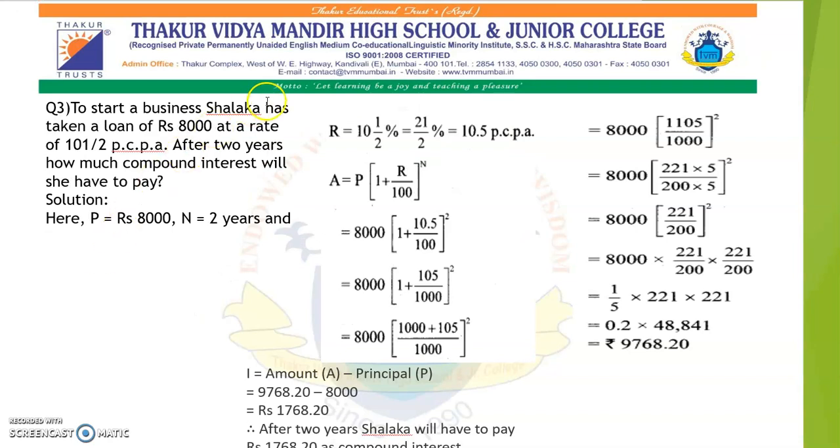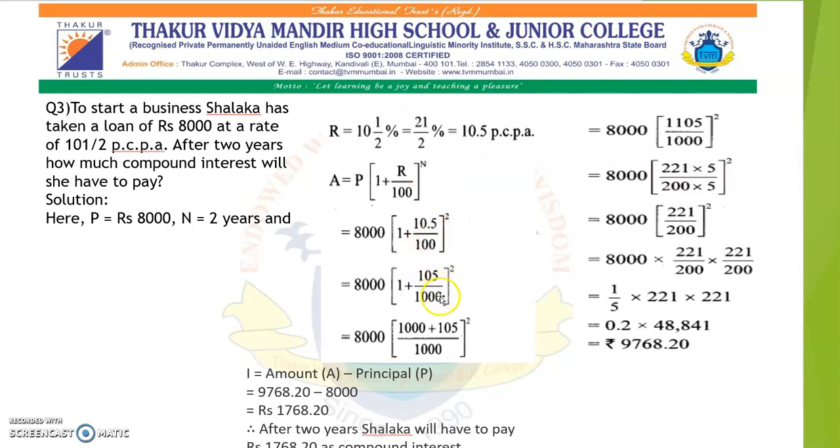Next, to start a business, Shalaka has taken a loan of rupees 8,000 at the rate of 10.5% per annum. After 2 years, how much compound interest will she have to pay? Principal given, time period given, and rate of interest is given 10.5%. So amount equal to P into 1 plus R upon 100 raised to the power n. Substitute the value of R, 10.5 upon 100 raised to the power 2.